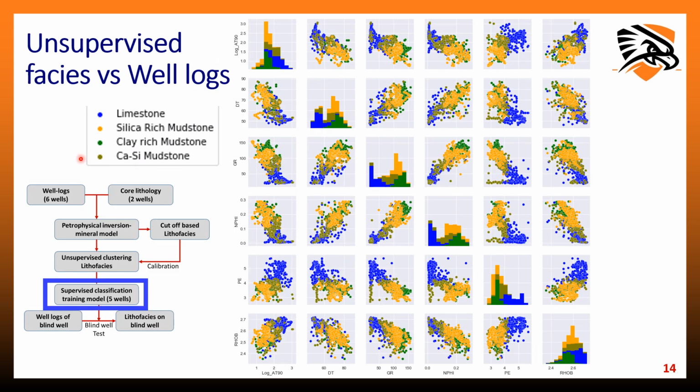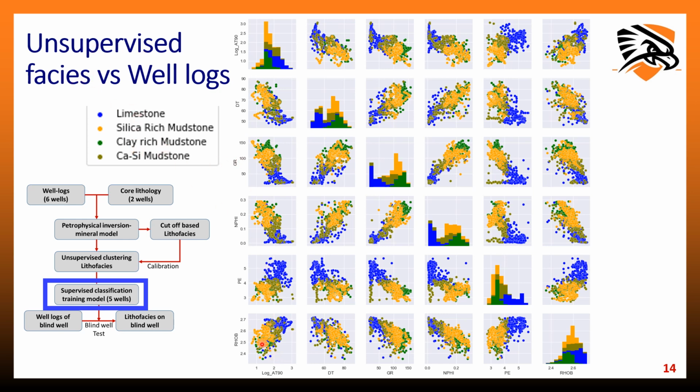So before going into the supervised clustering part, we would like to see how these unsupervised lithofacies that we had just generated look on the well logs, because these are the well logs which will be used in the supervised clustering part. So here what we are doing, we are cross plotting all these well logs against each other and then coloring these points with the unsupervised lithofacies.